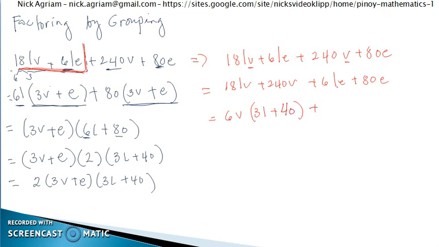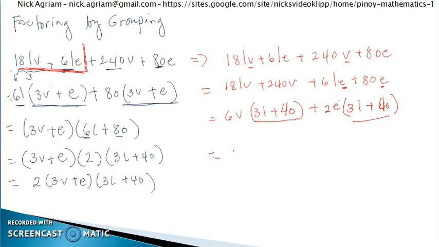Plus, you see that we have E, then we have 2E times 3L plus 4O. As you can see, we now have a common factor.